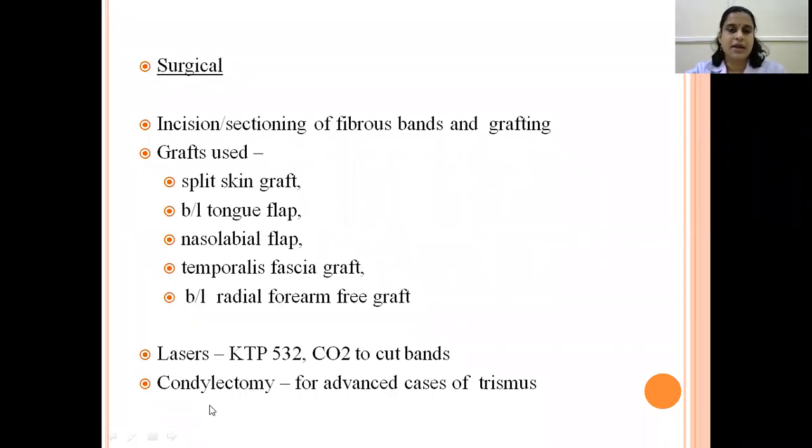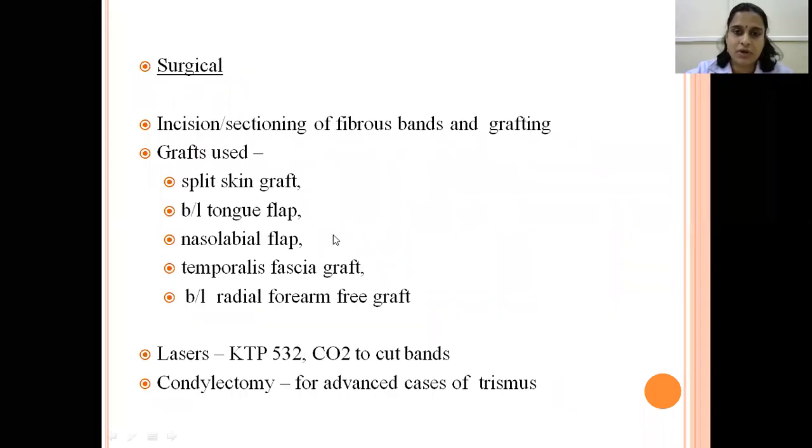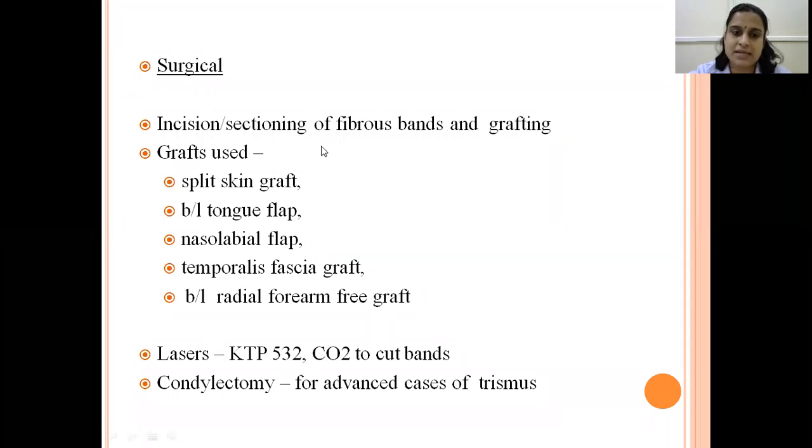Surgical is, you'll have to excise the fibrotic lesion. So, incision and sectioning of the fibrous bands and then grafting over those regions to provide for mobility. What are the various grafts that are used? Either the skin graft, Thiersch graft, bilateral tongue flaps, nasolabial flaps, temporalis fascia graft, or bilateral radial forearm free grafts may be used over these oral mucosas.